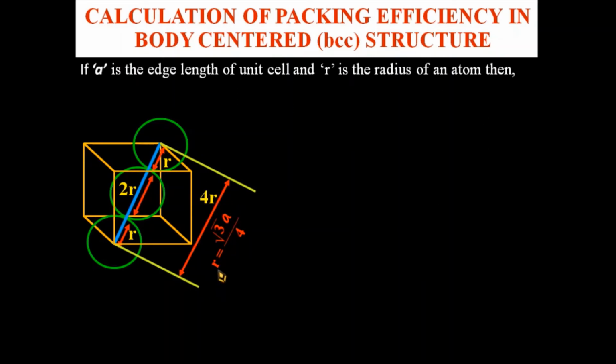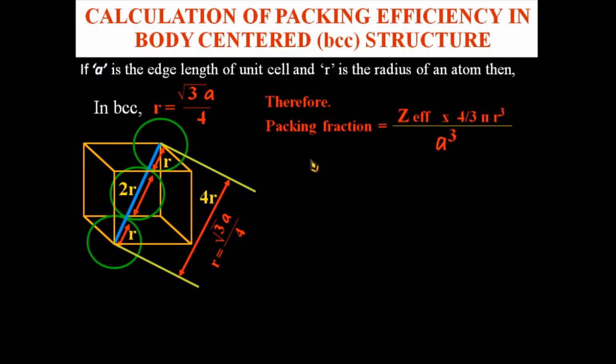And the relation between R and A is R equal to root 3 A by 4. Therefore, packing fraction is equal to Z effective into 4 by 3 pi R cube divided by A cube.